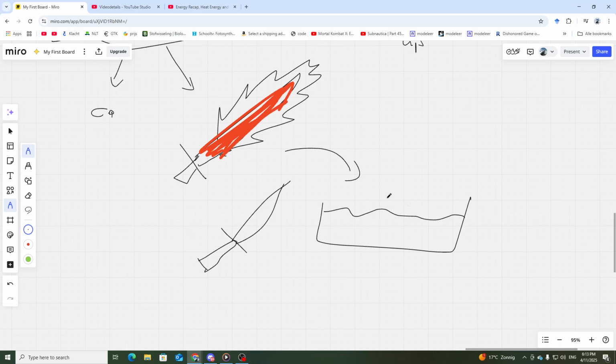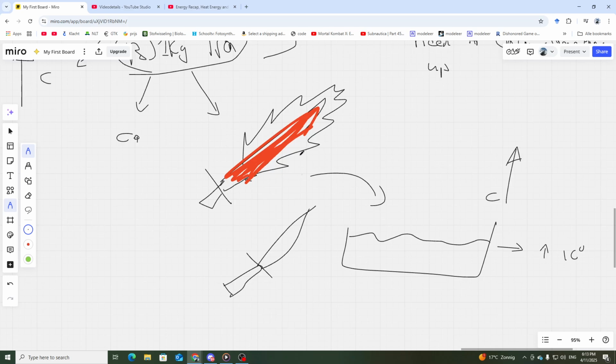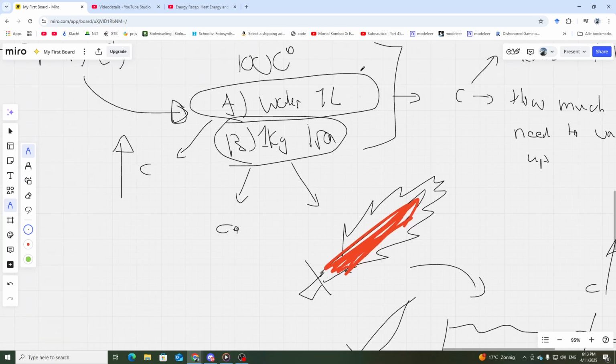Meanwhile, the water temperature doesn't even change a bit. Maybe it increases by 1 degree Celsius. Why? Because it has such a high specific heat capacity. It takes so much heat energy to get this water to warm up, and it takes so little to warm up or cool down iron. And that is where that question comes in.